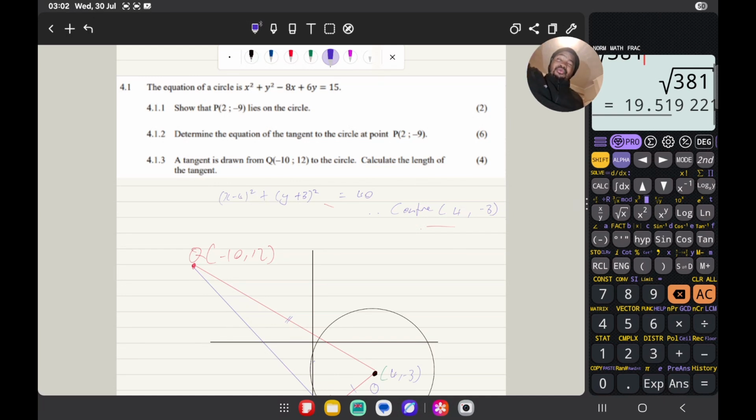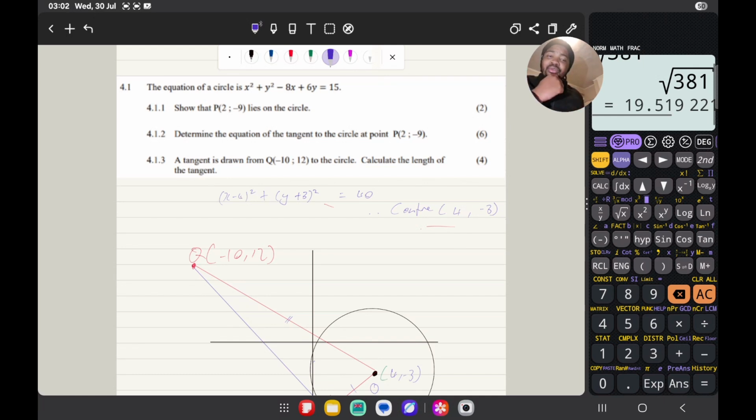So it moves from Q to P. So I have a line called QP forming a tangent to my circle, and then you would try to find the length of PQ, which you can use the distance formula to simplify. You would wonder, will I do it like this, right?